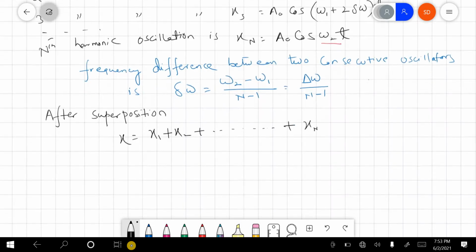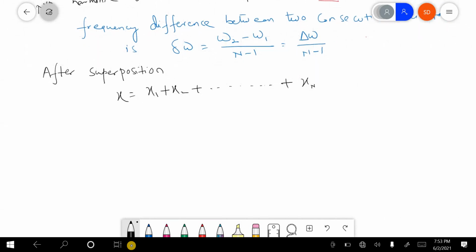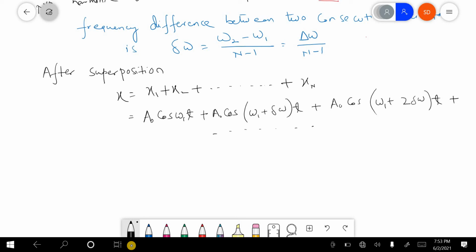What is x1, what is x2? x1 is a naught cos omega 1 t. x2 is a naught cos (omega 1 plus del omega) t, like this, a naught cos (omega 1 plus 2 del omega) t, like this, plus at the end a naught cos omega 2 t.